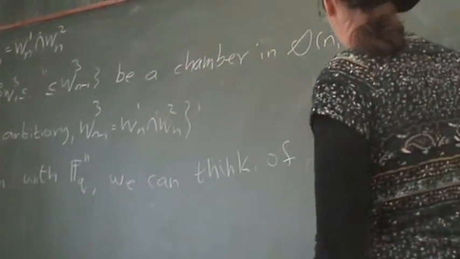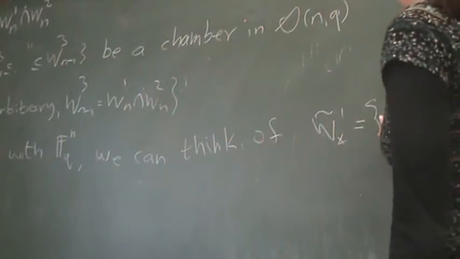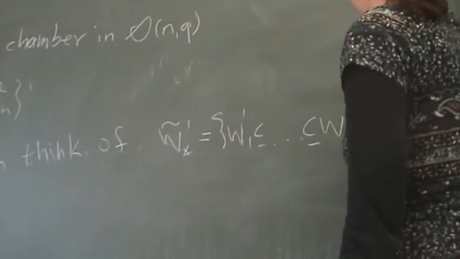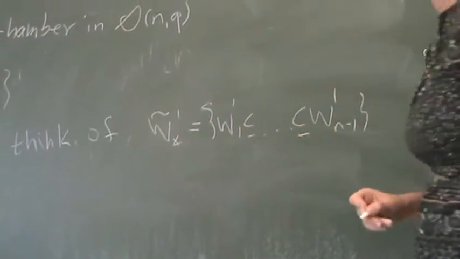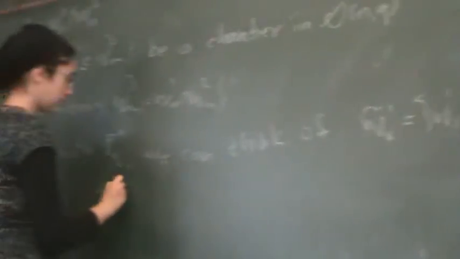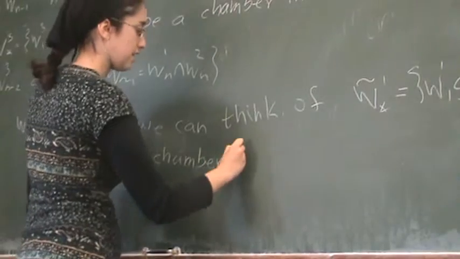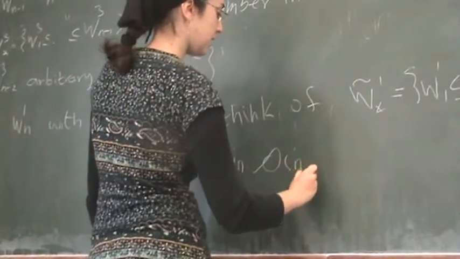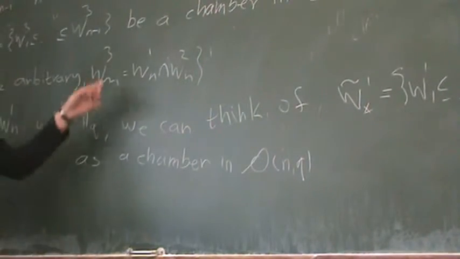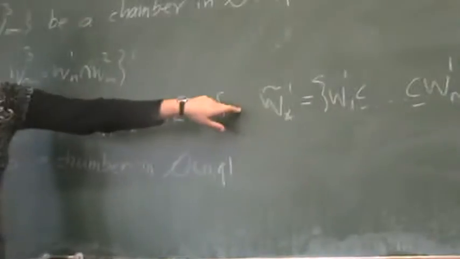Let's denote by W1 star tilde this, W11, W1, and so on; this is a chamber in S_n(Q). So now we have a gallery from this one to this one.